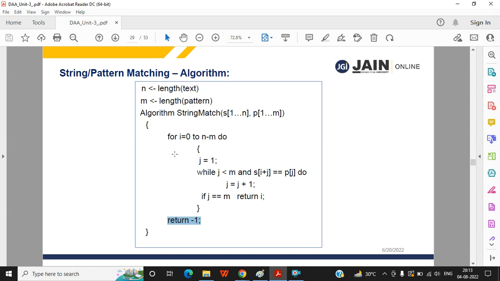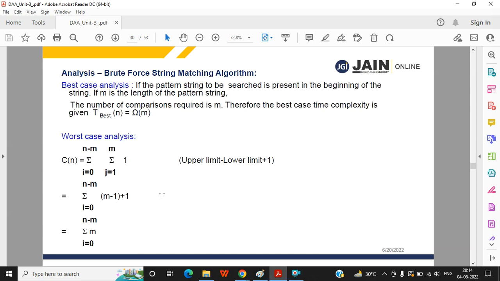So the program that calls this function, if it gets -1, will understand that the match was not found and the pattern is not there. In the other condition, if there is a match, then obviously the value of i will be returned, which will be any value from 0 to n. Okay, so this is the algorithm. This is a very simple algorithm.